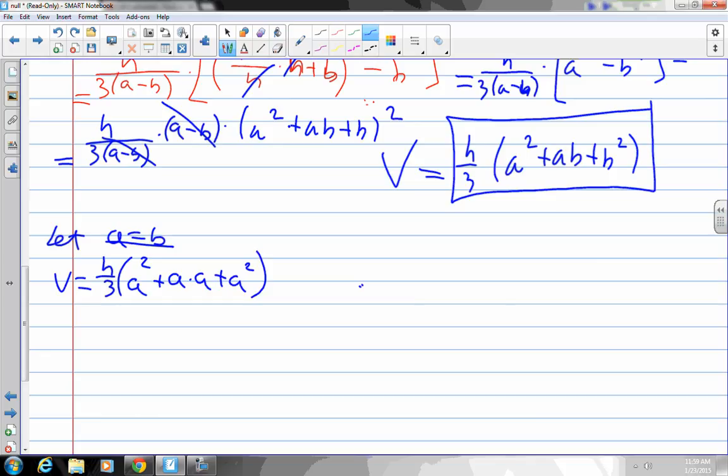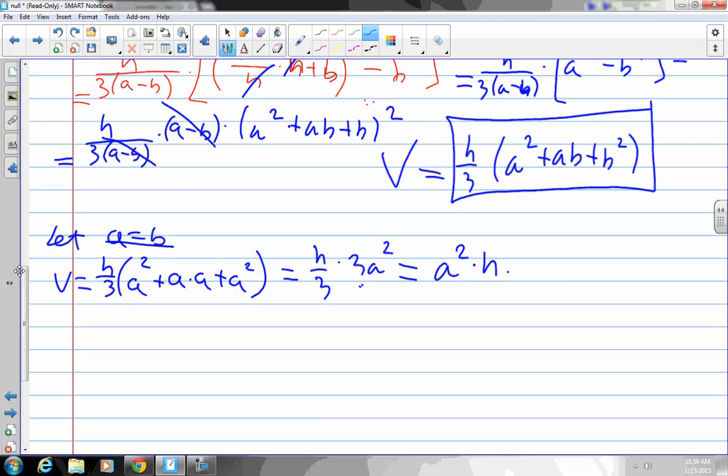Which is h over 3 times 3a squared, which is what? H, it's the area of the base, a squared, times the height. Good. We got the volume of, well, not a cube, because it's just a square base, but the height varies. If h equals a, then we're definitely going to get a cubed. H could be anything.